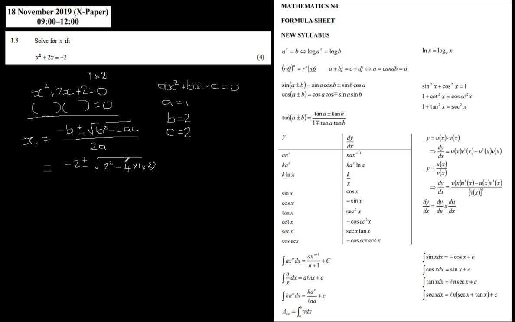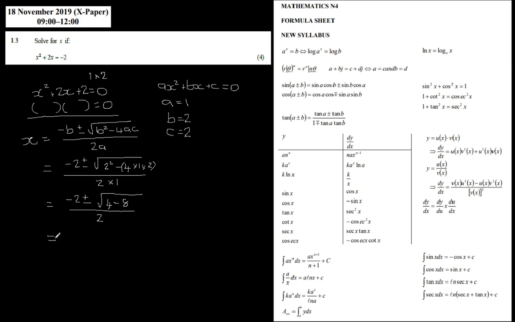Again, all of those multiplied with each other, all over 2a, which is 1, so 2 times 1. This can then be simplified to minus 2 plus minus the root of 2 squared, which will give me 4, and then minus 4 times 1 times 2 will give me 8, all over 2.